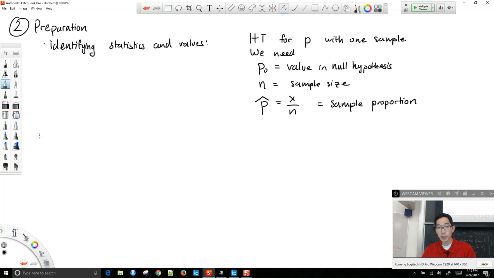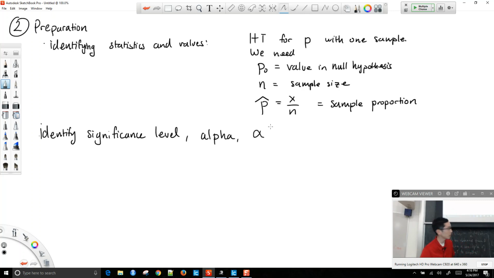The next part is to identify your significance level. The significance level is called alpha, which is a Greek letter. It looks kind of like the letter A, but a little bit different.